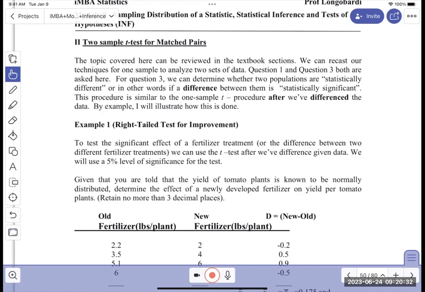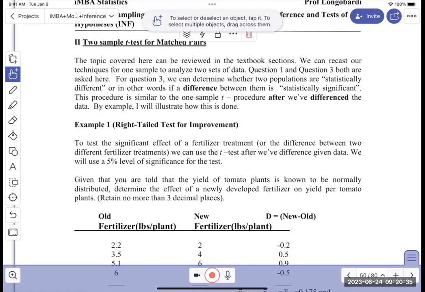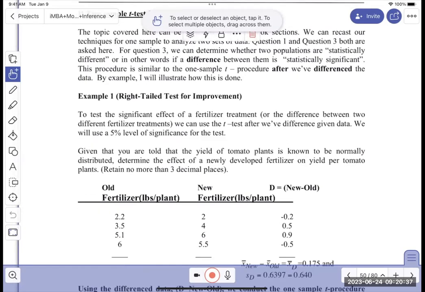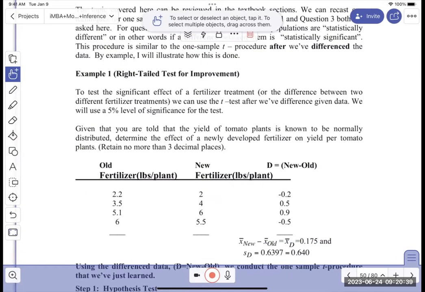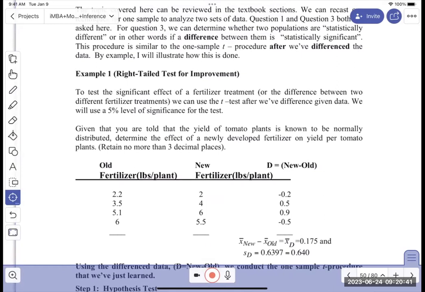So here's an example. Now this is a very small sample, just so that we don't get hindered by the numbers. We want to test the significant effect of fertilizer treatment, or the difference between two different fertilizer treatments.